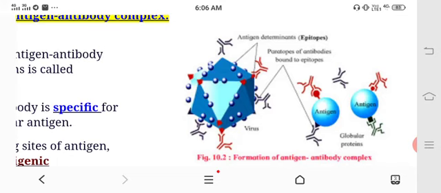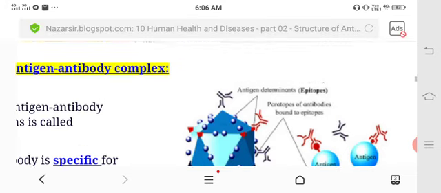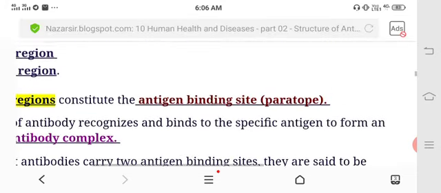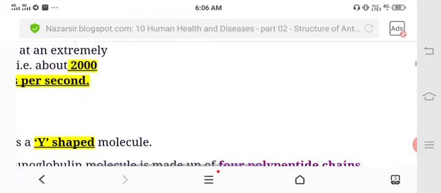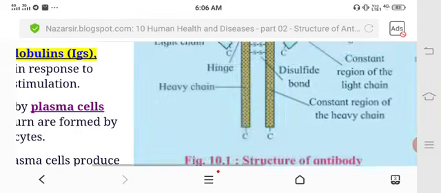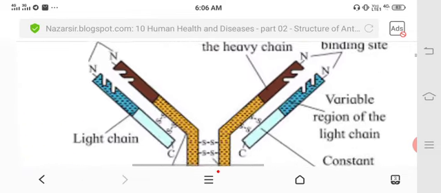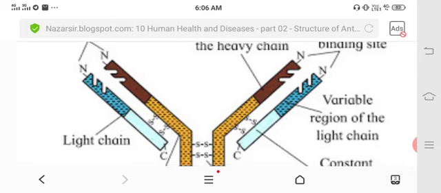As you know, the small variations in the variable regions make each antibody highly specific for a particular antigen.